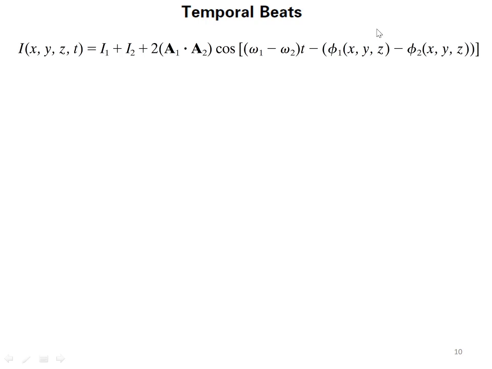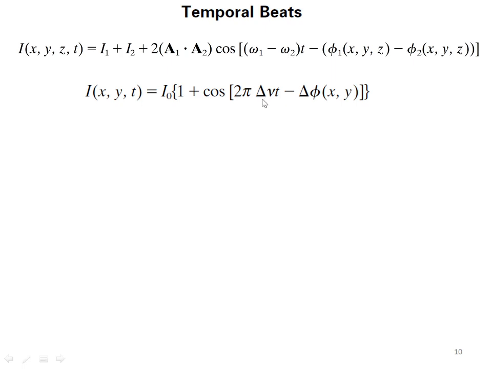Then the second thing is this one, the phase difference between the two waves, and we can write this as equal to this one. So the simplified I1, I2 expression comes out like this, where we have put the fringe visibility equal to 1, and omega 1 minus omega 2 is written in terms of omega 1 equal to 2 pi nu 1 and omega 2 equal to 2 pi nu 2.